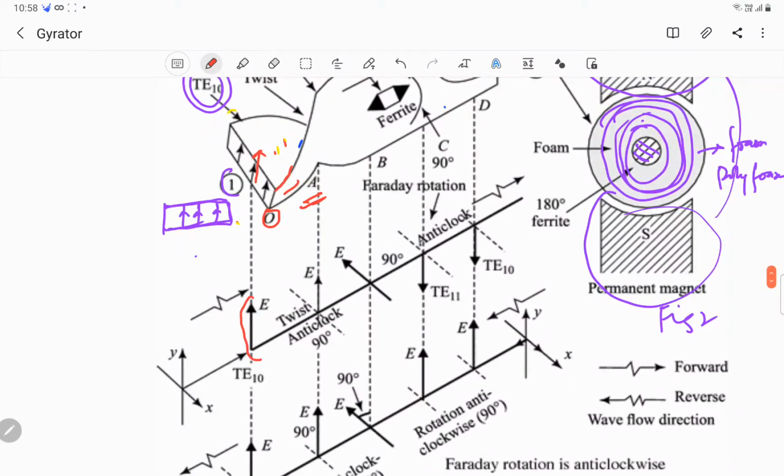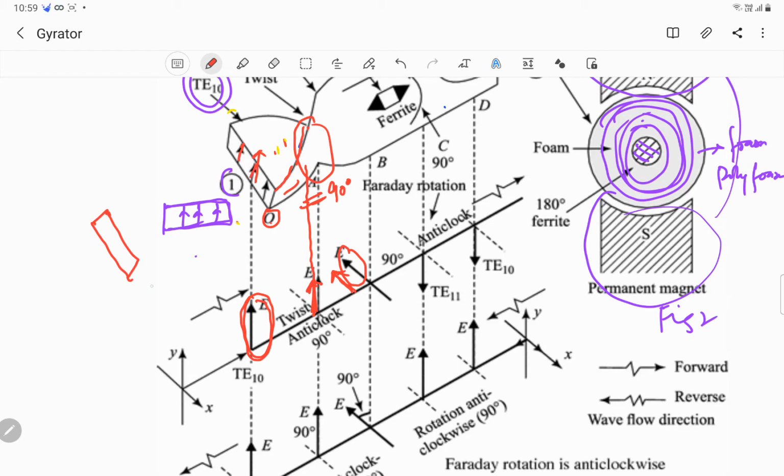As can be understood from this figure, we have the electric field vertically up. As we move from point O to A, this keeps on moving, and eventually the field that comes out at A is in the horizontal direction, as indicated by this. Here, just before the curvature, we have the electric field vertical again. So it remains vertical up to some distance. But after this curvature, because of the 90-degree tilt, as I said, initially the cross section of the rectangular waveguide is like this.